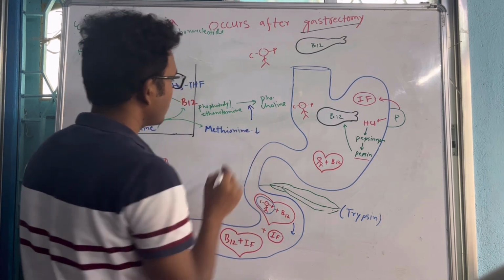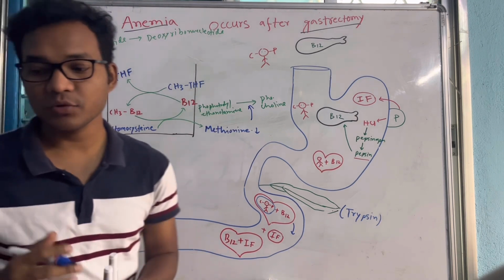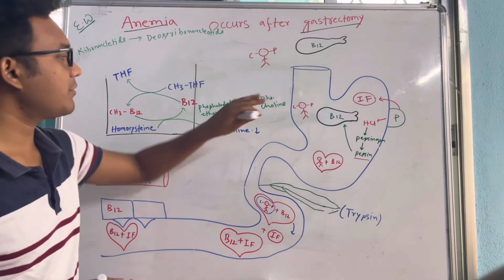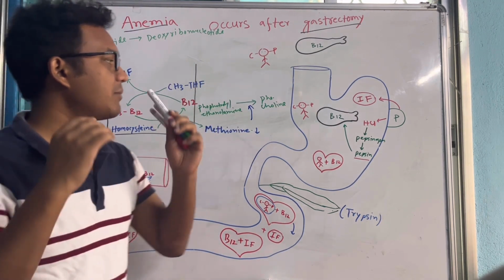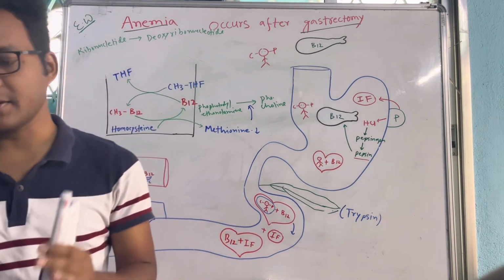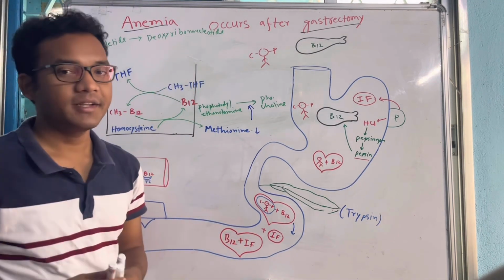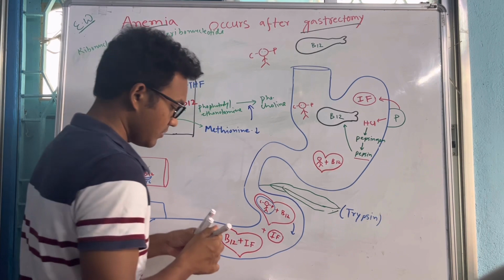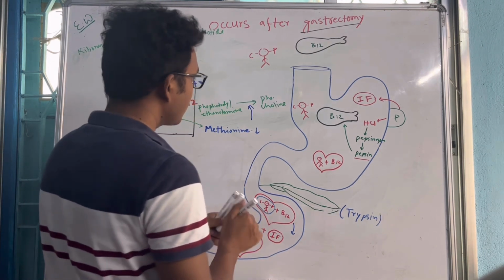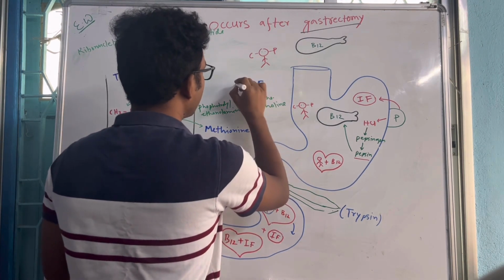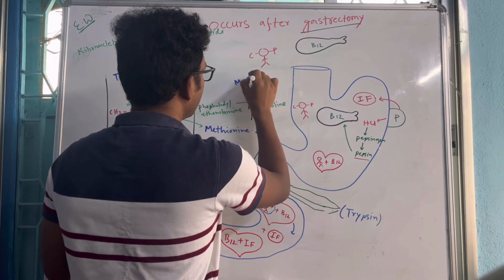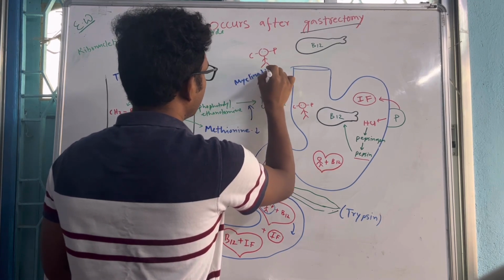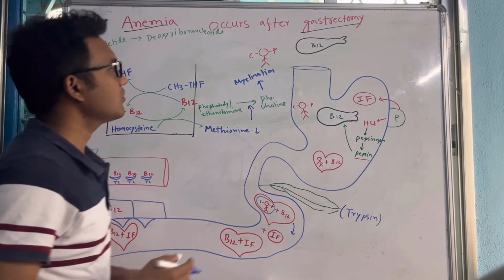Methionine helps in the conversion of phosphatidyl ethanolamine to phosphatidylcholine. And what is the function of phosphatidylcholine? Phosphatidylcholine helps in the myelination of neurons.